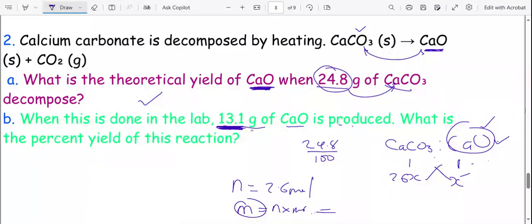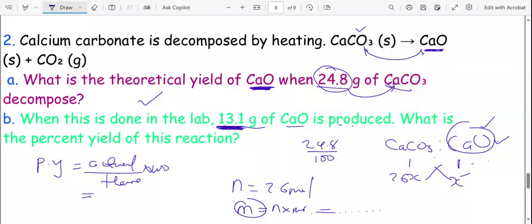You have already calculated the theoretical mass here. So you just apply the percentage yield formula. Percentage yield is equal to the actual or experimental over the theoretical, the one you calculate, times 100.